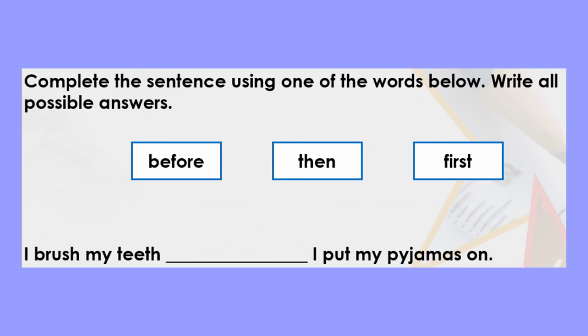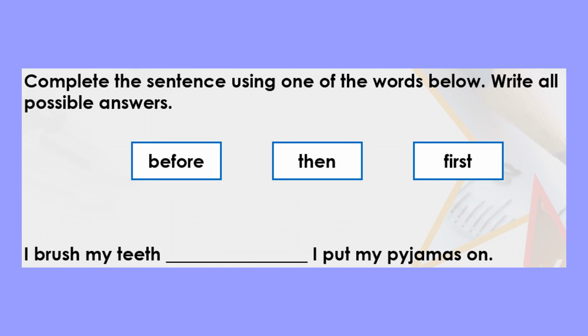Complete the sentence using one of the words below. Write all possible answers, and that means that there might be 2 words we could possibly use. One of the words won't work. So the sentence is, I brush my teeth, I put my pajamas on. And in that gap, we need to use before, then, or first.